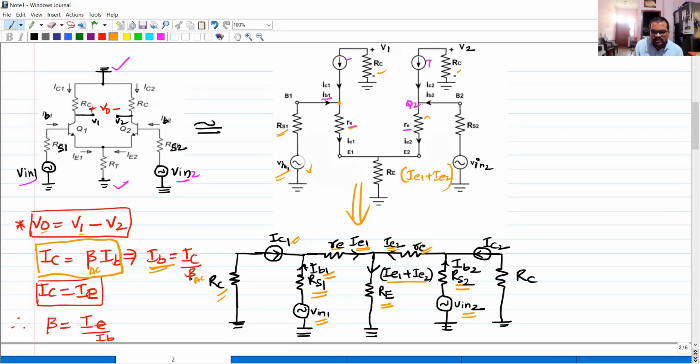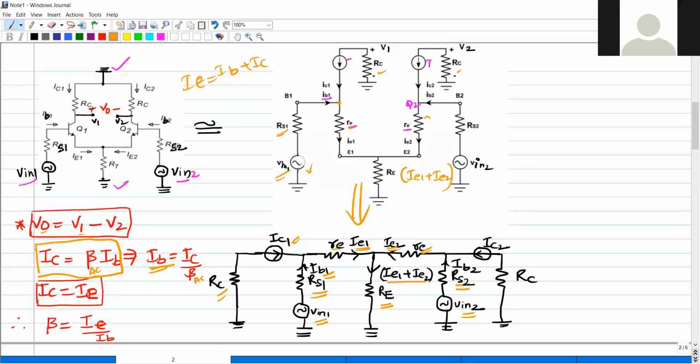Beta value being very high means the gain of the differential amplifier is very high, so the IB value is very small. Actually, the current IE for a single transistor is IB plus IC.